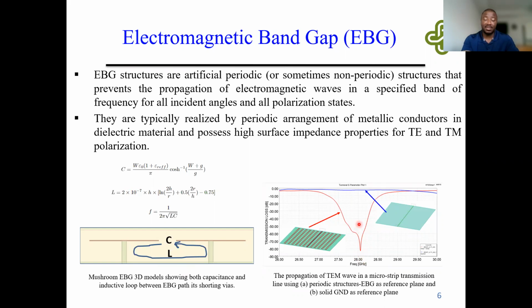The red curve shows higher transmission loss resulting from a periodic structure of EBG as the reference for the device under test. While the blue curve shown here shows lower transmission loss resulting from the solid plane as the reference plane for the device under test.